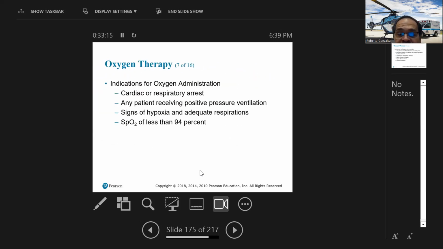Indications for oxygen administration: cardiac or respiratory arrest, any patient receiving positive pressure ventilation, signs of hypoxia and adequate respirations, and SpO2 of less than 94%.